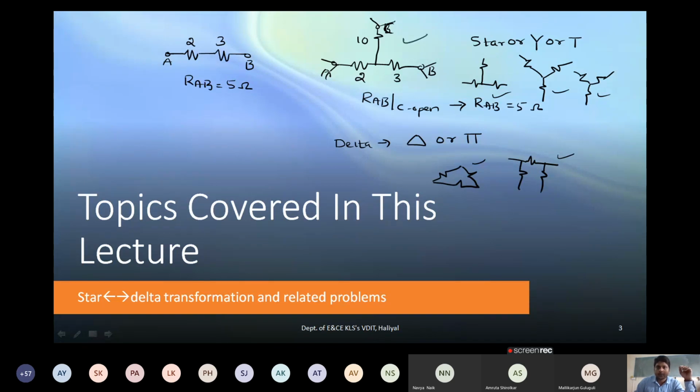If I want to calculate across any two terminals, if one of the terminals is open, it will be treated as open impedance or redundant, so we can eliminate or neglect that. So what will be left? Like 2 plus 3 here.